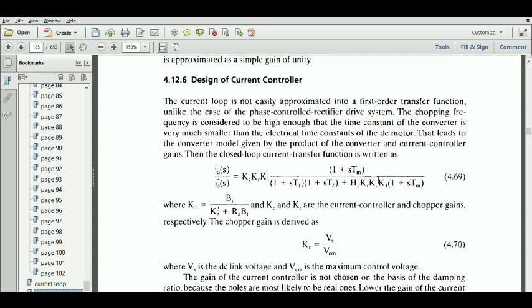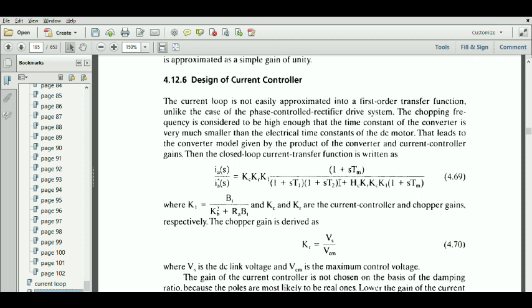If you find IA of S divided by IA star of S, it is your total transfer function.